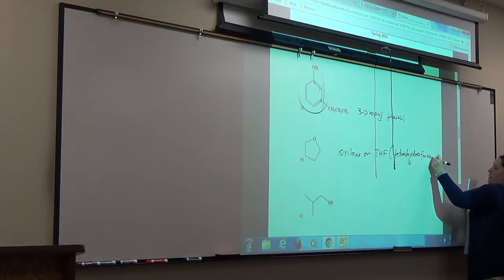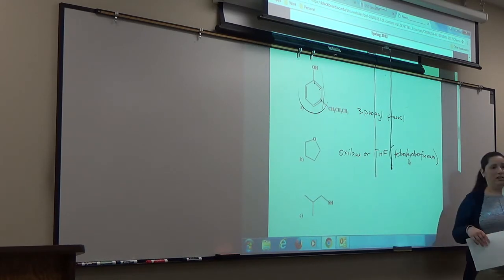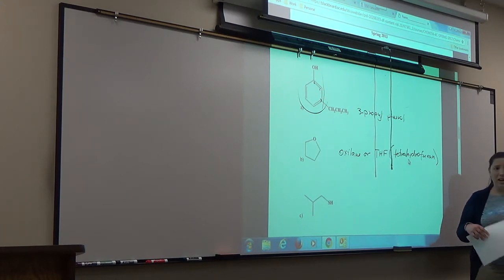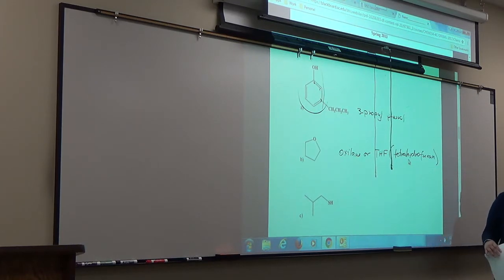And this is a common solvent, so we see it all the time. Just call it THF. But for oxolane, remember that you have oxirane, oxetane, oxolane, and then oxane, and then dioxane. Unfortunately, there's not too much rhyme or reason for those, but it is the ring size.